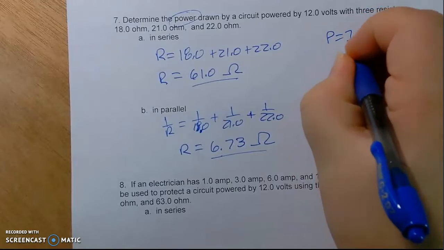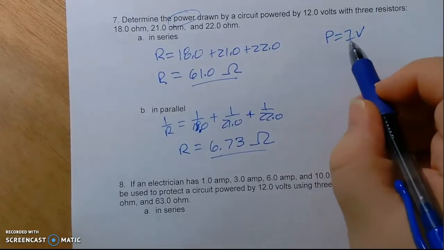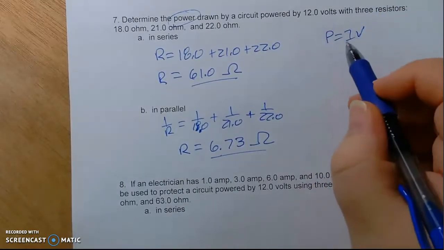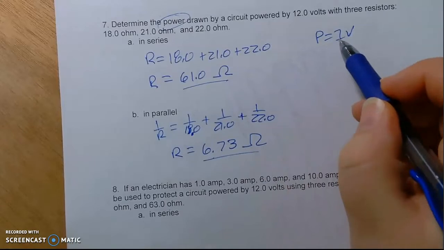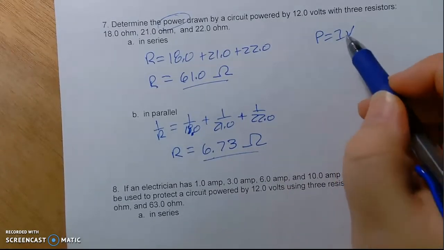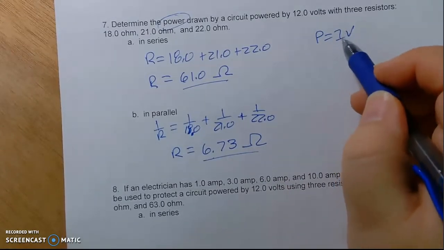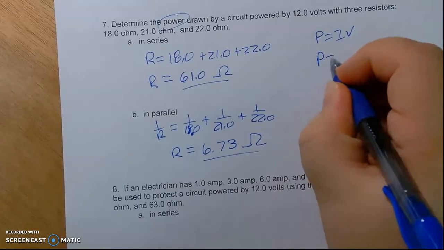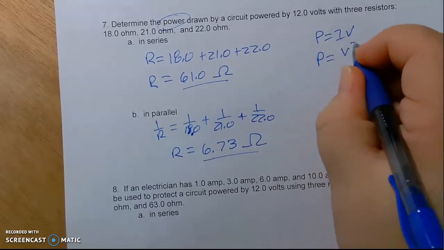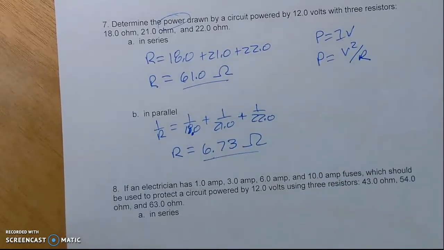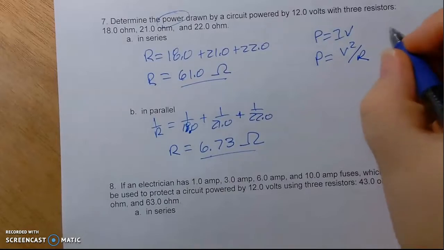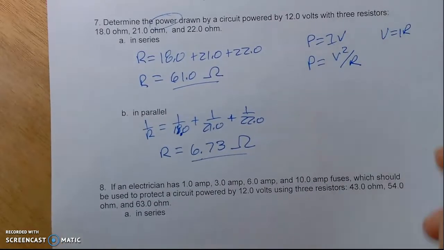P equals IV, so we're looking for the power. We have the volts, but this is resistance, not current, so we can use one of the other power formulas. On our formula sheet, we have V squared over R as the alternate one. That's just using V equals IR to get the different forms.